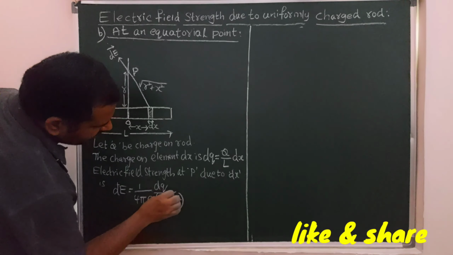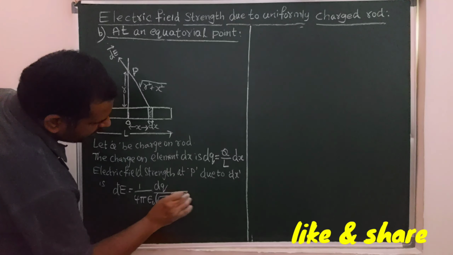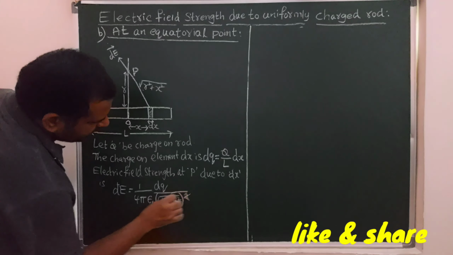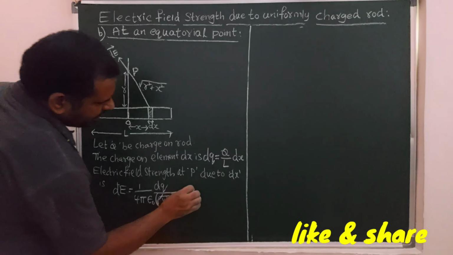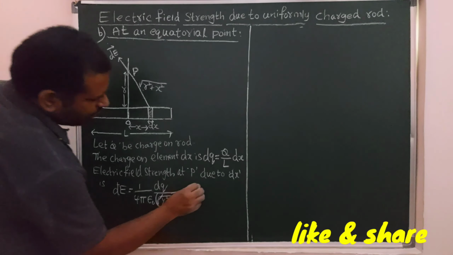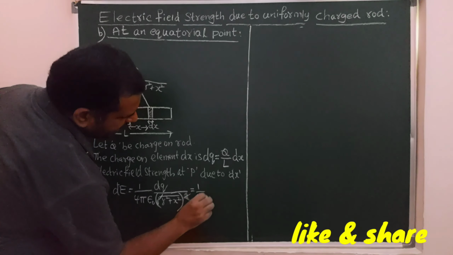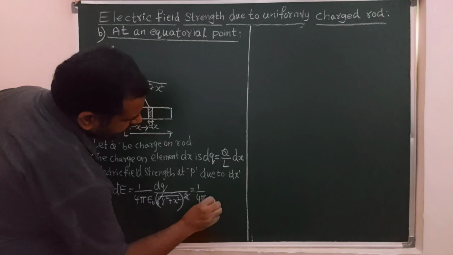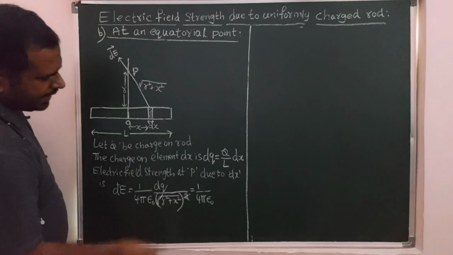Whole power 2, so the square root gets cancelled, and we get 1 by 4 pi epsilon naught into dq divided by r square plus x square.